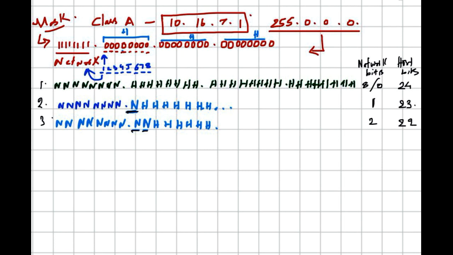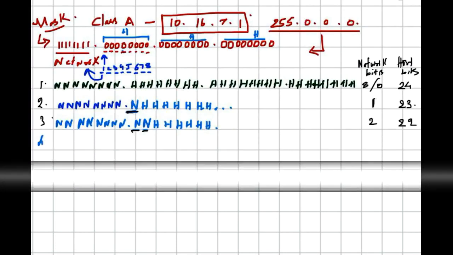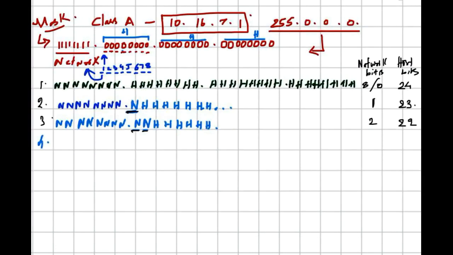So you keep on doing like this, keep on adding network portion bits from the host portion. Keep on adding the network bits, like 3, so it is 21 host bits.